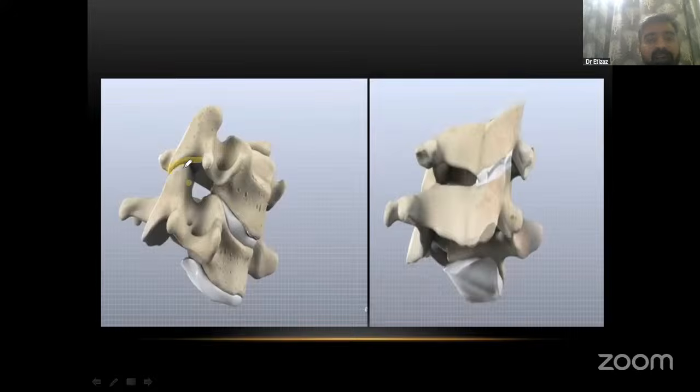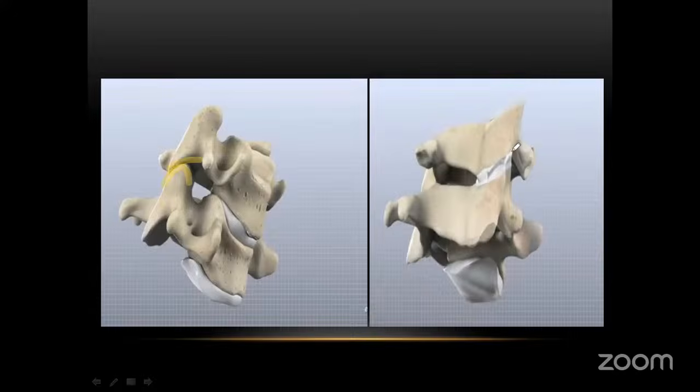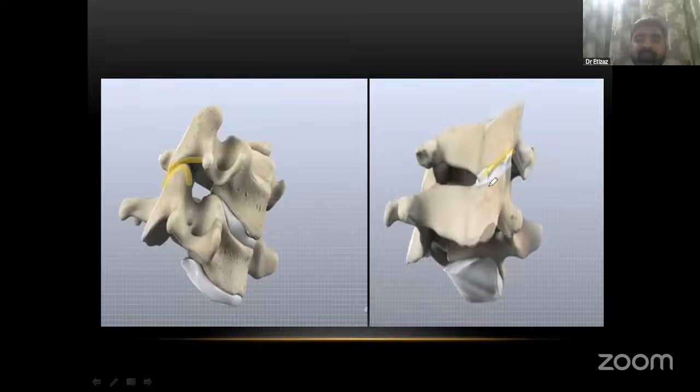What are these areas? Which joint is this? The superior articular facet. Excellent. This is the superior articular facet and the inferior articular facet. The inferior articular facet of the superior vertebral body and the superior articular facet of the inferior vertebral body form the joint there.